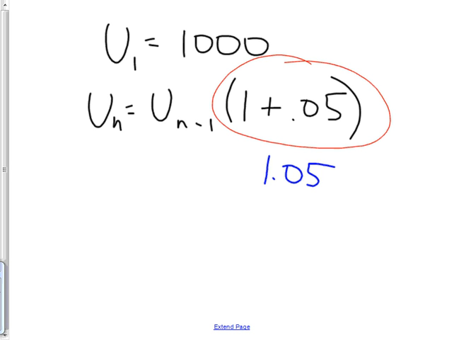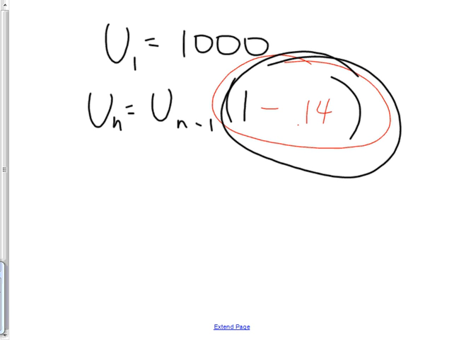The other kind is decay, and let's say something's going down 14%. Then I'm going to have you do 1 minus, because it's decay, 14%. And the really common mistake there is people often just put 0.14 because they think, oh, I'm supposed to use a decimal for 14%. What they really are doing is 1 minus 0.14, which is 0.86.